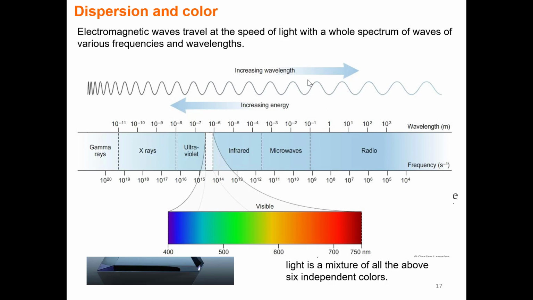But let's concentrate on this part of the electromagnetic spectrum, the visible part, which is the part we can detect. Because all these waves belong to the electromagnetic spectrum, all the colors that we now know are waves that travel at the speed of the light.